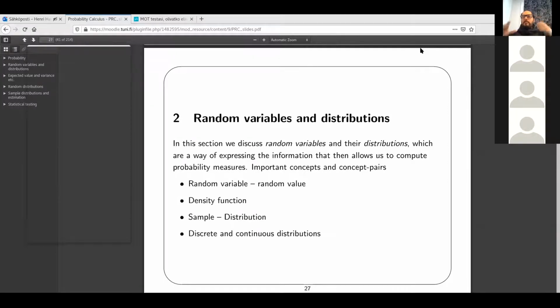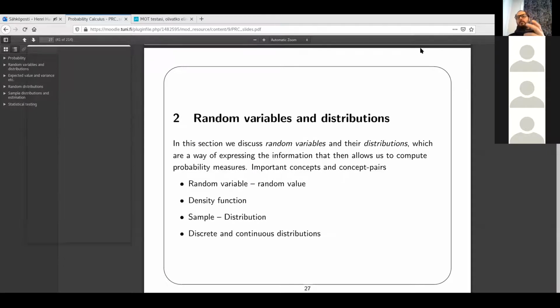The density function tells you that if you have a certain point in your probability space, in your omega, then it gives you an idea of how much probability goes to that particular point. Because the probability of the whole sample space should be equal to 1, you distribute it among the points in your sample space.